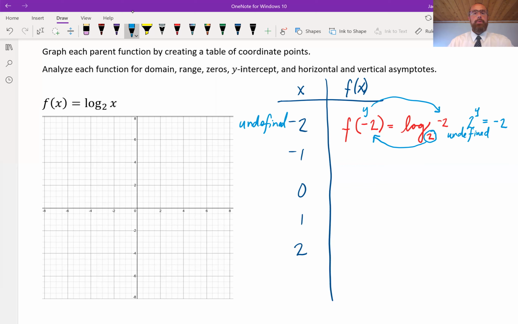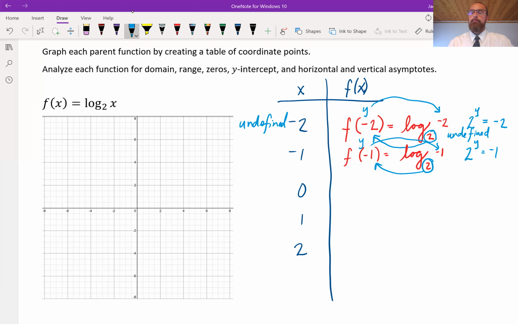And I think as we go along, we're going to run into the same problem with f at negative 1. We'll try it. So f at negative 1 equals log base 2 of negative 1. Again, to see how to evaluate that, we'll begin with the base of the logarithm, so that becomes the base of the exponential. 2 to the power of y, f at negative 1 is a y value, equals, and then swing back to the far right side, negative 1.